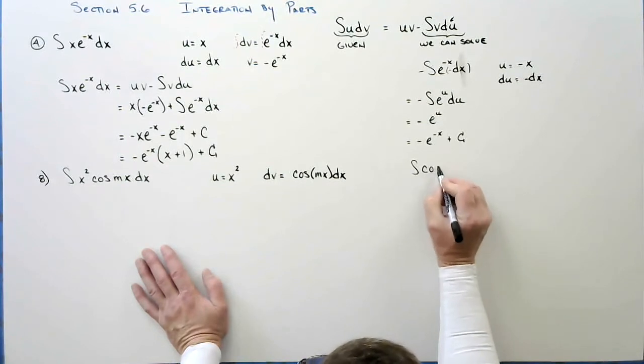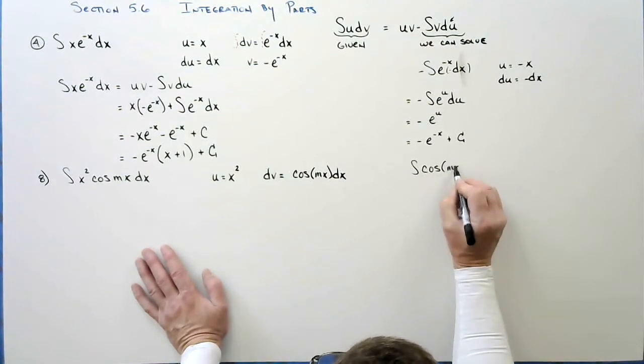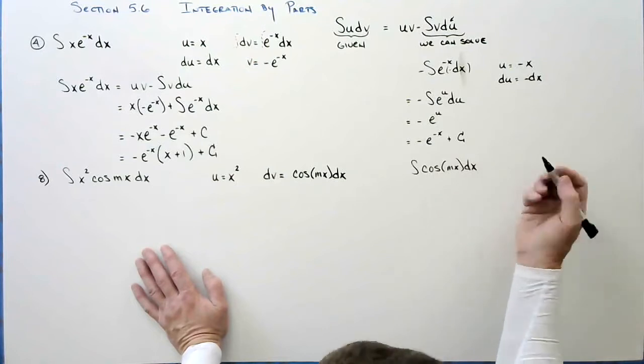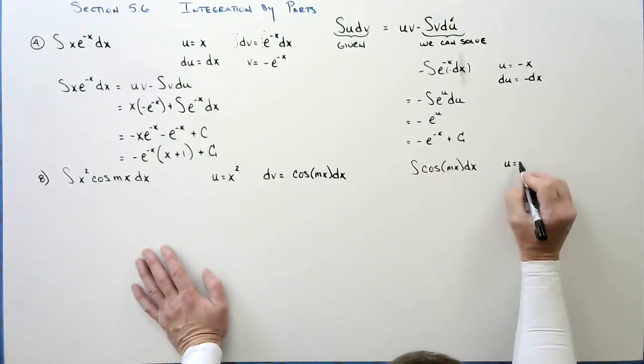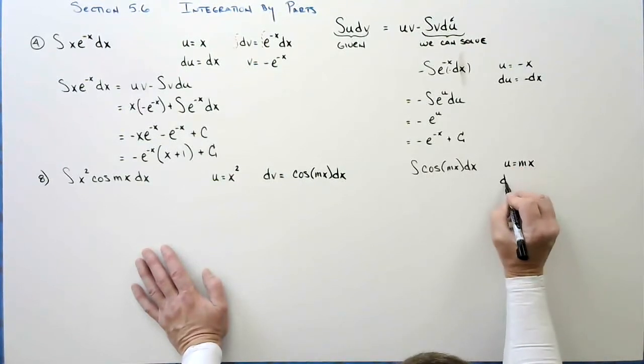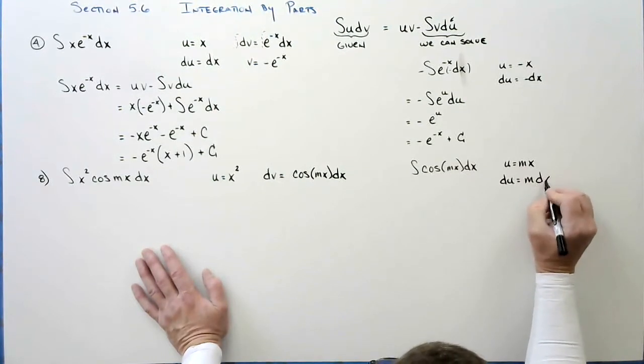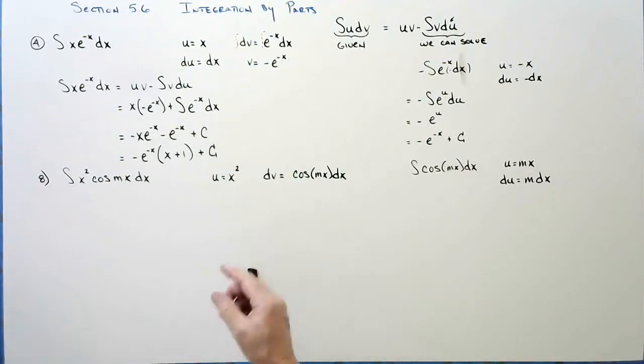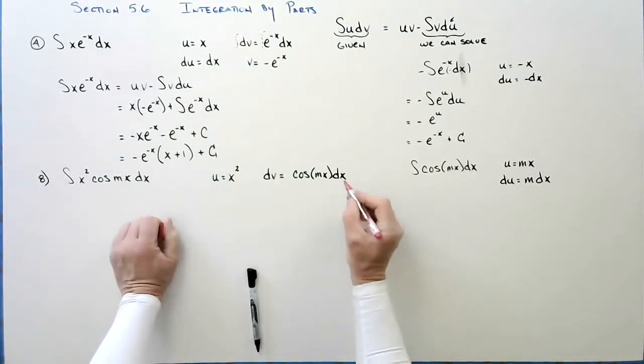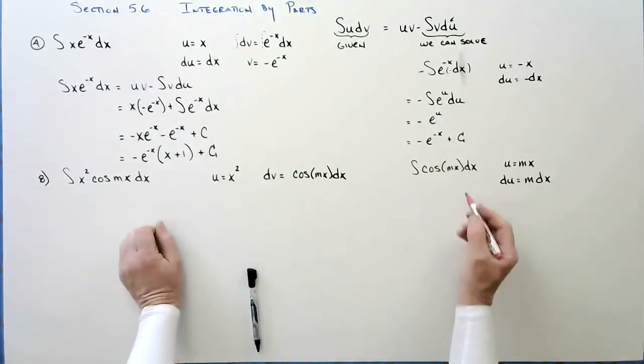So the integral of cosine mx dx, and we'll do a u sub. We'll let u equal mx. Then du is going to be the derivative of this, which is going to be m dx. And we'll look at our integral here and we'll think to ourselves, okay, I need this integral.